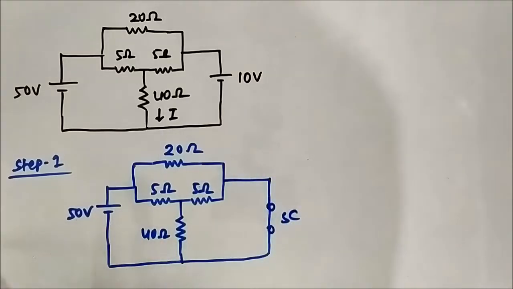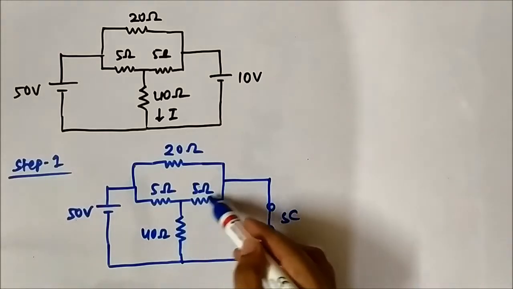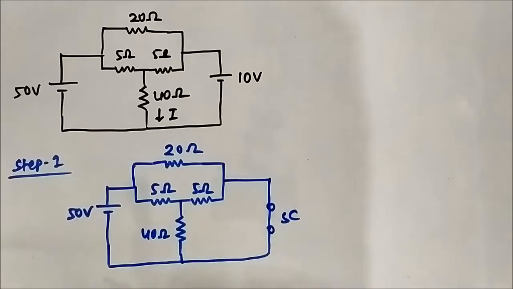Now I have already posted a lot of videos on the calculation of equivalent resistance in a complicated circuit. I have posted around 6 videos, so you can check out those videos in the circuit theory playlist. So the 5 ohm and 40 ohm are in parallel connection.